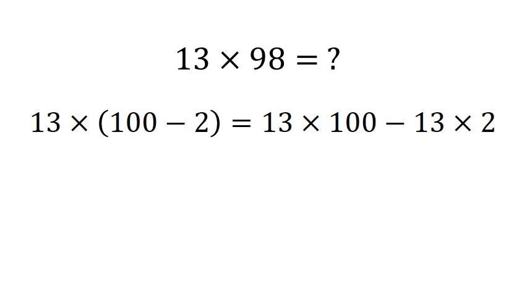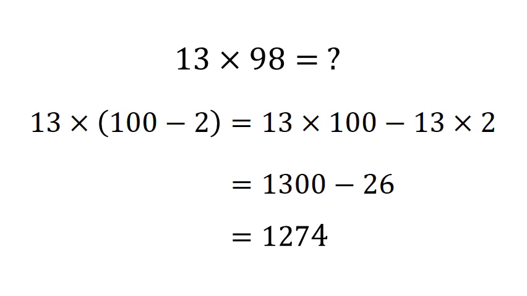We'll obtain 13 times 100 minus 13 times 2. What's 13 times 100? It is easy. It's 1,300. And 13 times 2 is still easy. It is 26. Now this difference is much easier than the first product. It is 1,274.